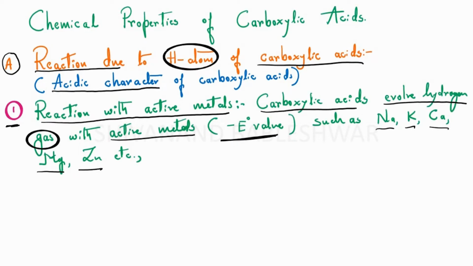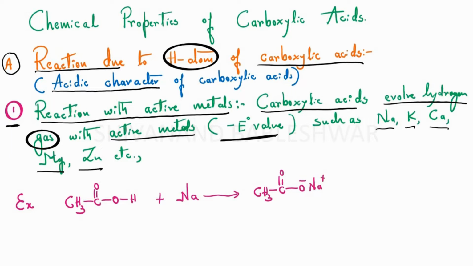Let us have one example. I'll be taking acetic acid. Acetic acid, when treated with the active metal sodium, gives sodium acetate along with the evolution of hydrogen gas.